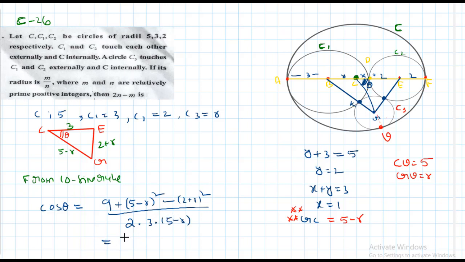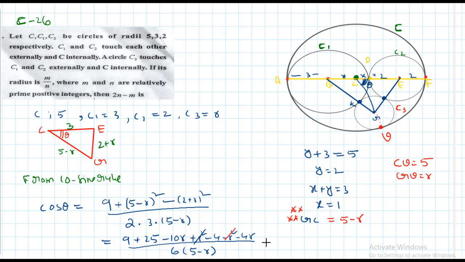Now I want to simplify this. 9 plus 25 minus 10R plus R squared minus 4 minus R squared minus 4R, by 6 times (5 minus R). This R squared gets cancelled.